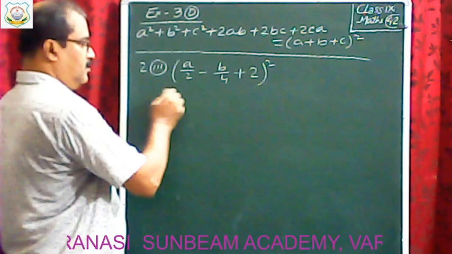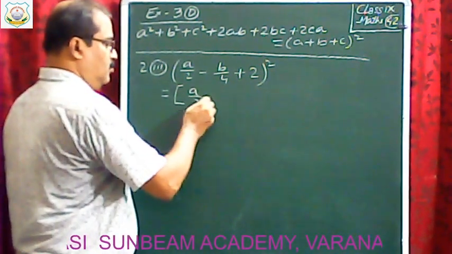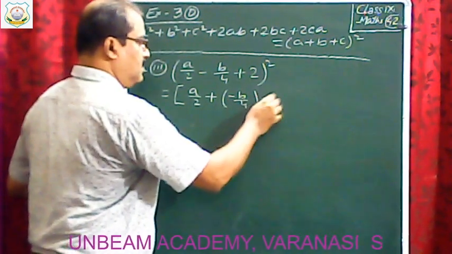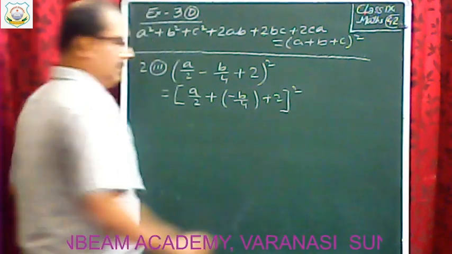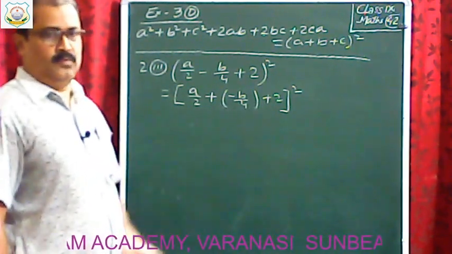Before proceeding, we have to formulate according to the identity: a by 2 plus, within bracket, minus b by 4 plus 2 whole square. So the part of a is a by 2, the part of b is minus b by 4, the part of c is 2 only.